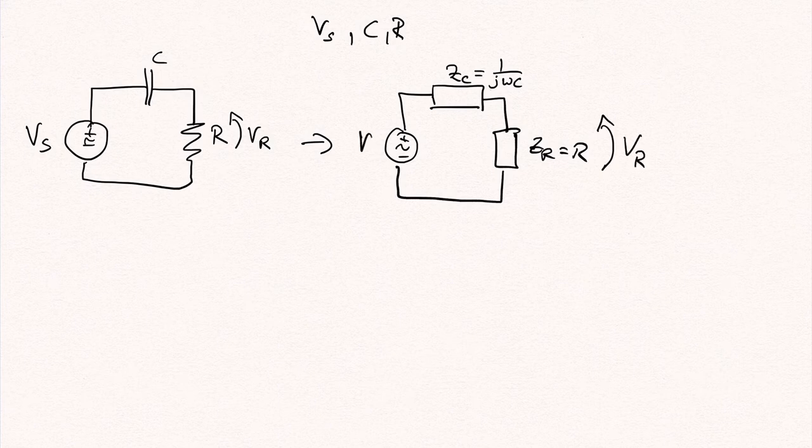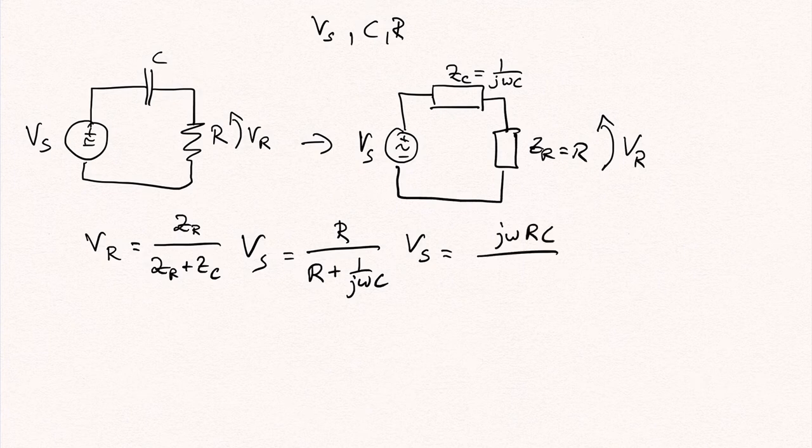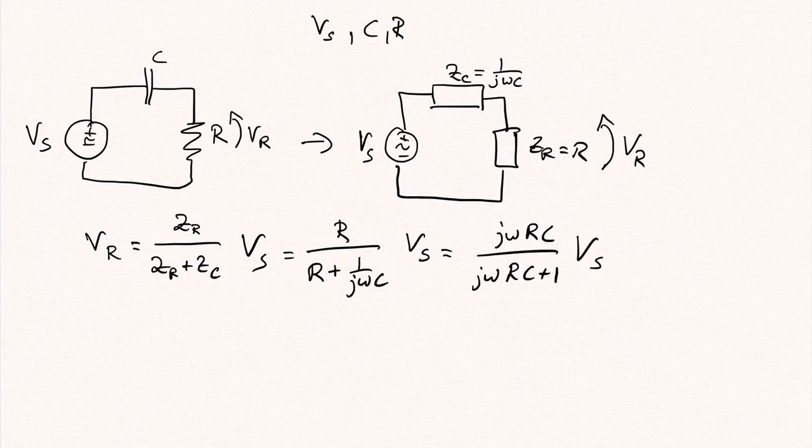We can now use the voltage divider formula and we'll get VR equals ZR divided by ZR plus ZC times Vs. Now let's substitute ZR and ZC, which leads to j omega RC divided by j omega RC plus 1 times Vs. In order to express VR as a phasor, we need to find out the magnitude or the length of the phasor and the phase.